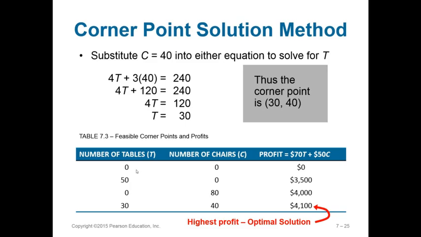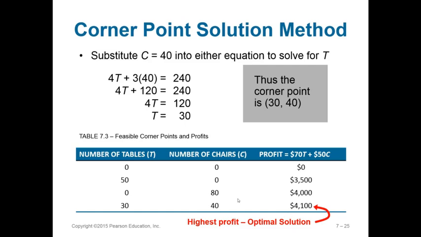And if you solved for that, you'd get 0 plus 0 is 0. 70 times 50 is 3,500 plus 0 is 3,500. 70 times 0 is 0 plus 50 times 80 is 4,000. Or you could do the 70 times 30, that's 2,100. And 50 times 40, that's 2,000, or together it's 4,100, and that happens to be the optimal solution.